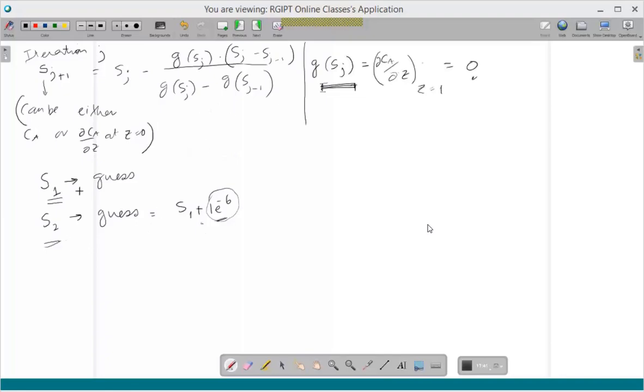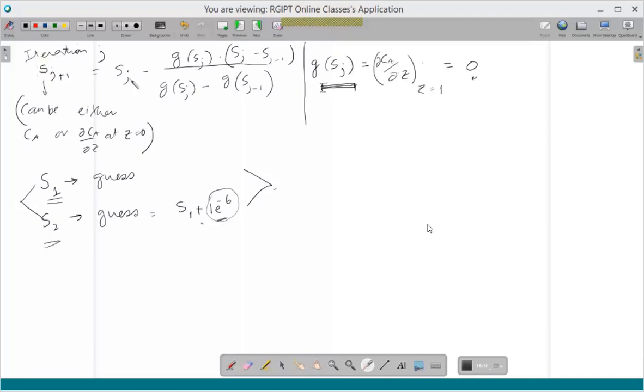So basically I need two guesses, or two marches from left to right done independently with two guess values. Once I have done these two, I'm all set. If I put j equal to 2, then on the right hand side everything is known: S2 is known, GS2 is known, GS1 is known, and then I can calculate S3.